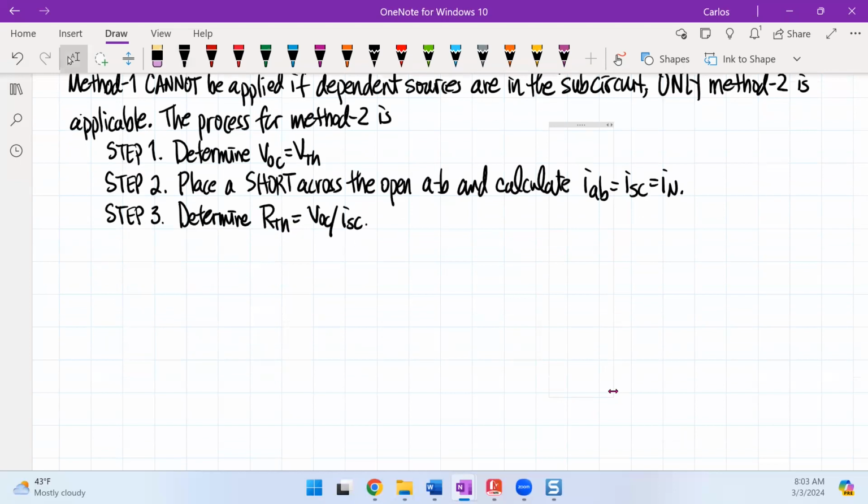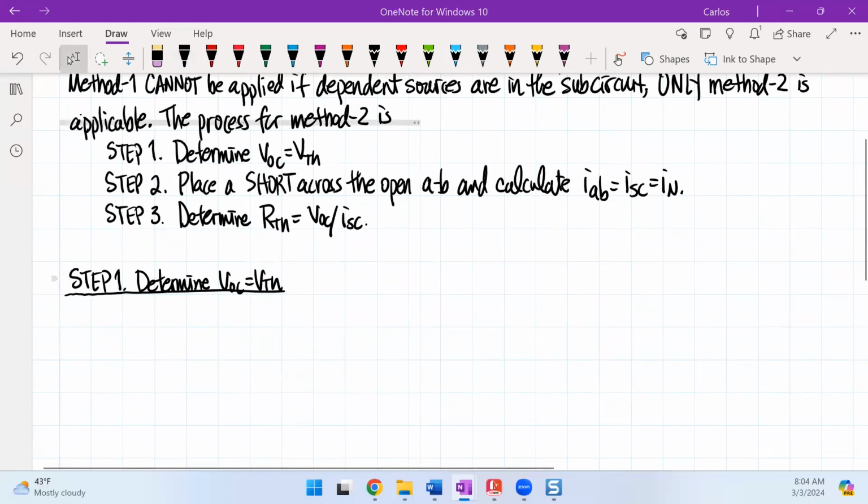So let's do it. So step 1. Determine VOC, which is the same as VTH. Now note, we've already done this. We did it in method 1, so what I'm going to do here is take it from method 1 and just put it in.